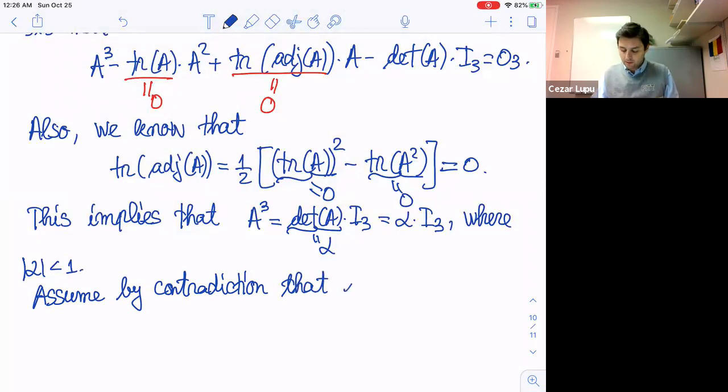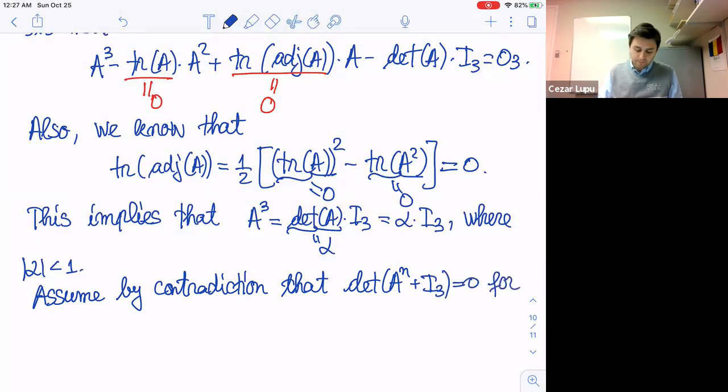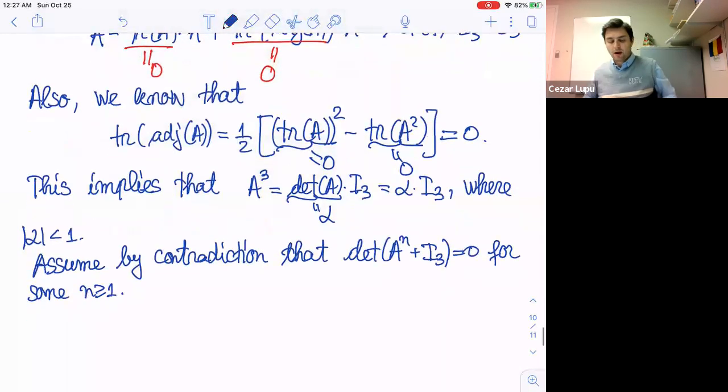So assume by contradiction that the determinant of A to the power n plus the identity is 0 for some n greater than 1. All right, so we have this. And now we would like to obtain a contradiction.